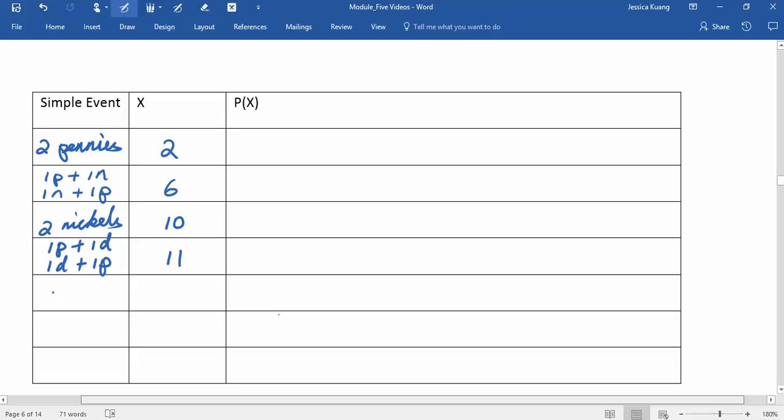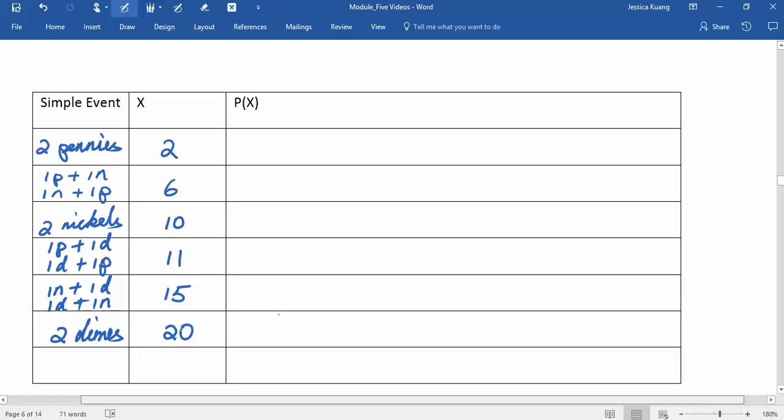Or we could have 1 nickel and 1 dime, or 1 dime and 1 nickel. In this case, X equals 15. And last scenario, we could have 2 dimes. In this case, X equals 20.